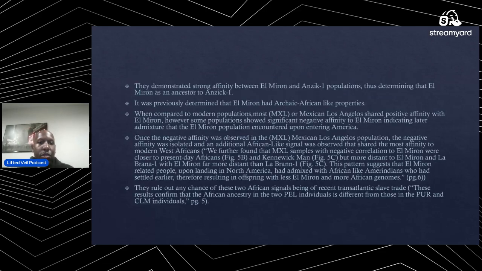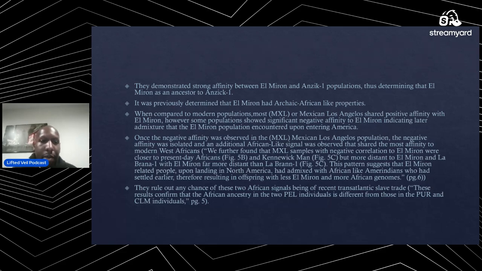They demonstrated strong affinity between El Moran and Anzick 1 populations, thus determining El Moran as an ancestor to Anzick 1. It was previously determined that El Moran had archaic African-like properties. When compared to modern populations, most Mexican Los Angeles populations share positive affinity with El Moran, at least in the African components, right?